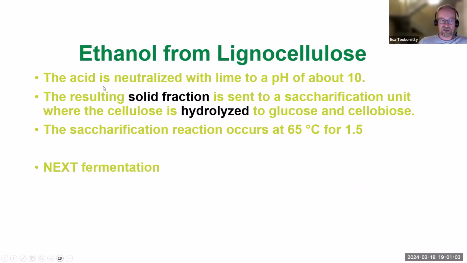So in that next step, it's neutralized by adding some basic material, lime. And this neutralizes the acid. You'll end up with material that is then hydrolyzed.